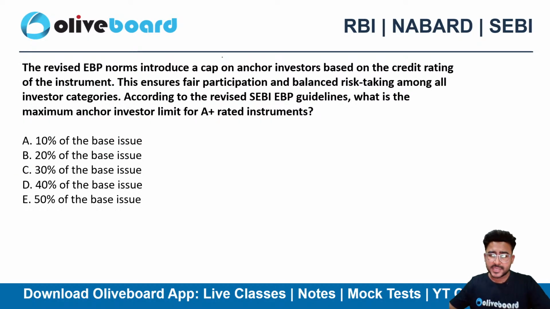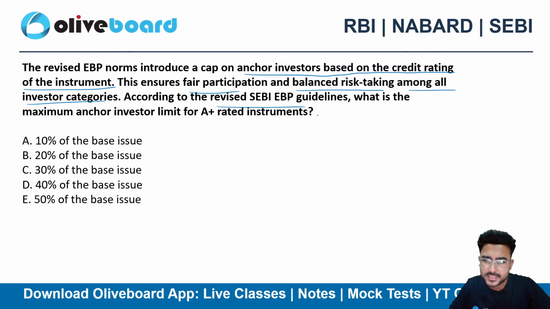Next, the revised EBP norms introduce a cap on the anchor investor based on the credit rating of the instrument. This ensures fair participation and balanced risk taking among all the investor categories.